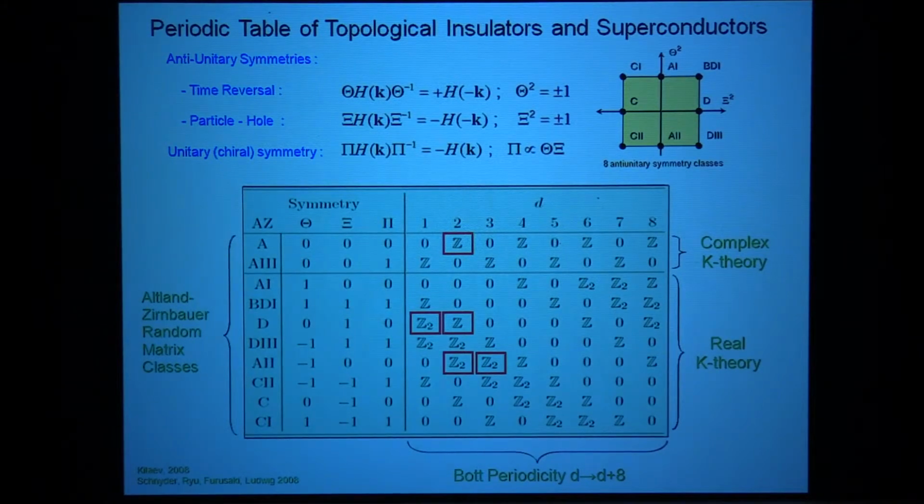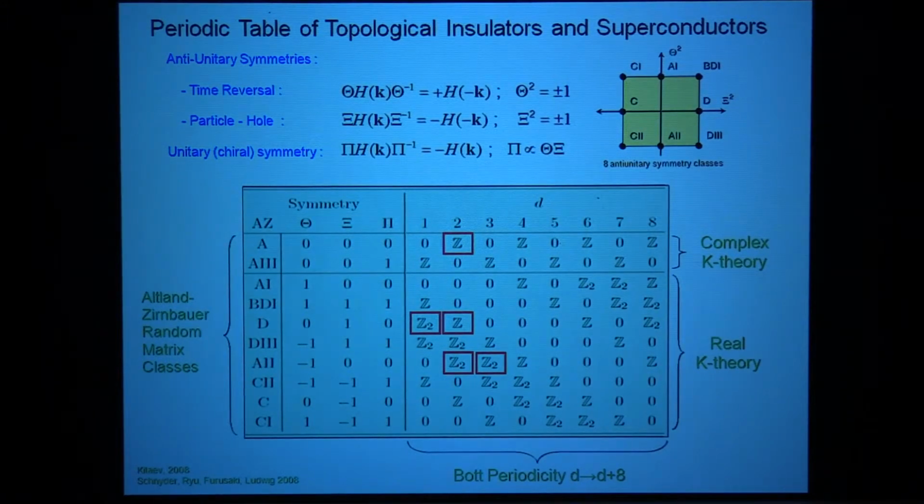Speak louder. I think there's a historical, I'm not sure exactly what the history of that name is. I think it has something to do with the chiral symmetry and the Dirac equation, but I don't have a good answer for why that nomenclature.